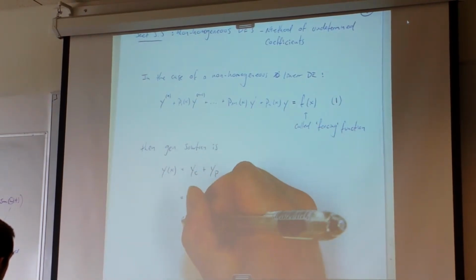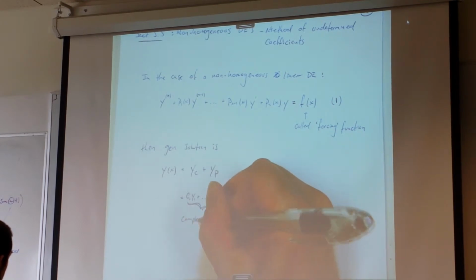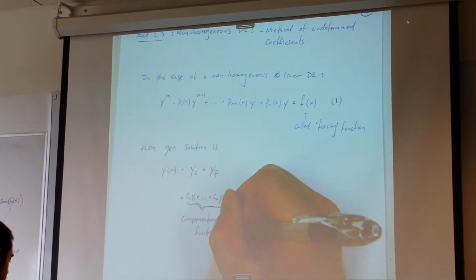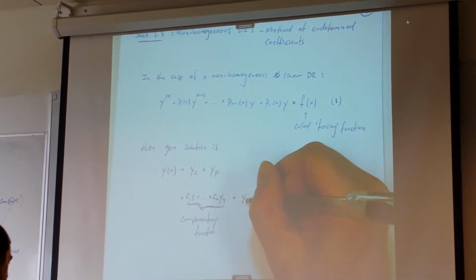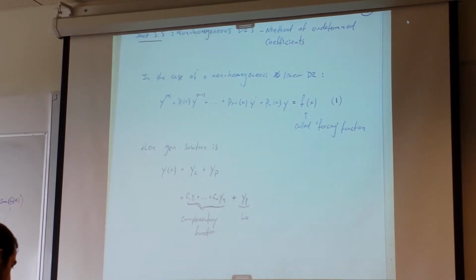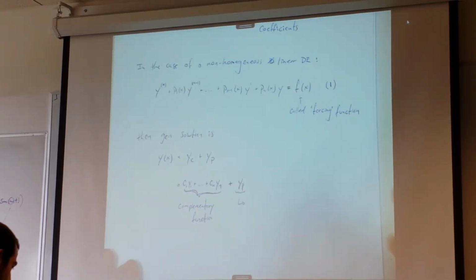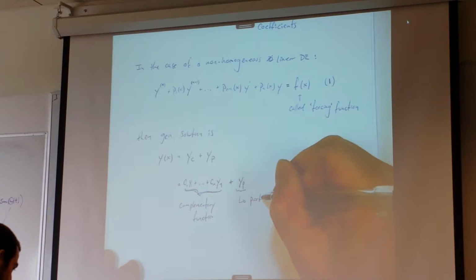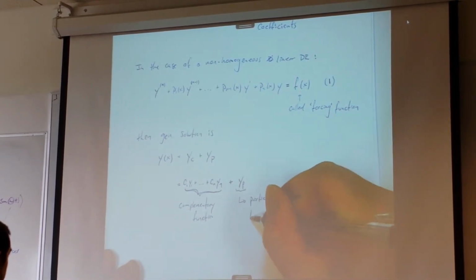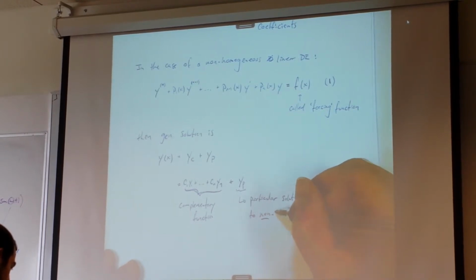So this is our complementary function, that's what the c is for, plus y sub p. And y sub p, if we can find it, is just one particular solution to the non-homogeneous equation.